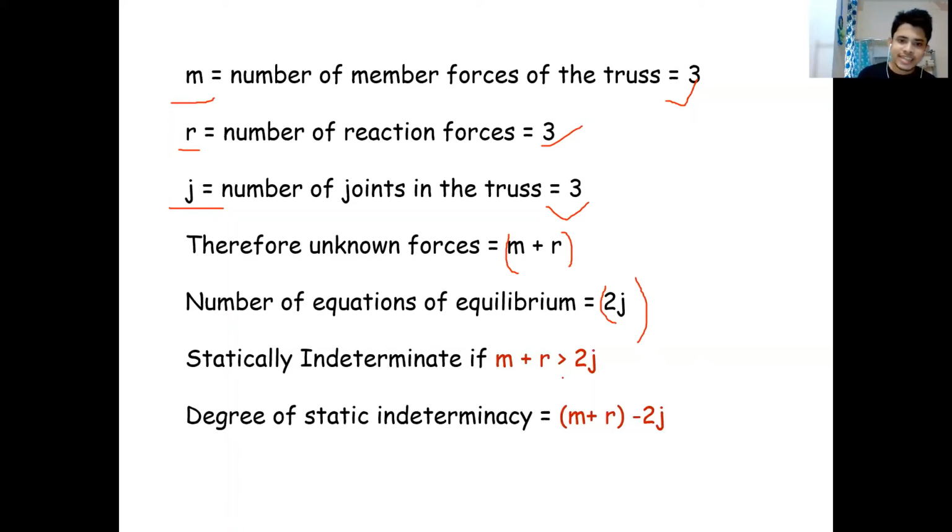So it will be statically indeterminate if M plus R is greater than 2 times J. And if M plus R is exactly equal to 2 times J, this is going to be statically determinate. Now the degree of static indeterminacy will be M plus R minus 2 times J.